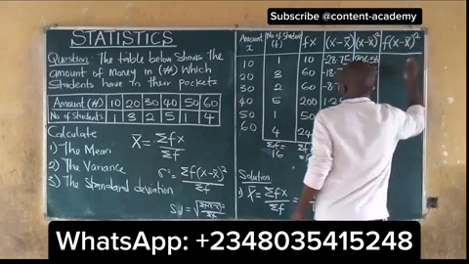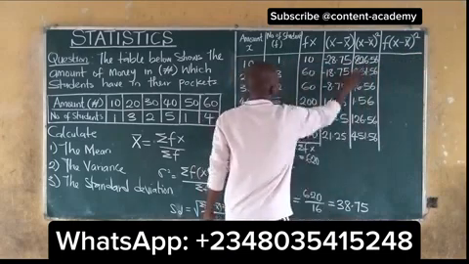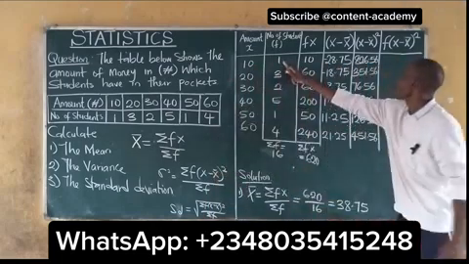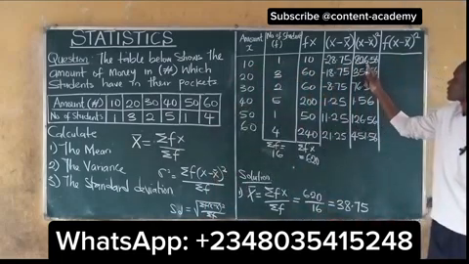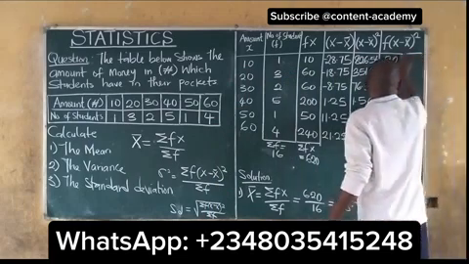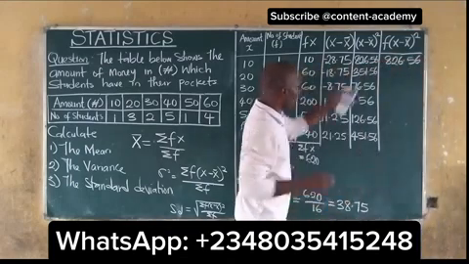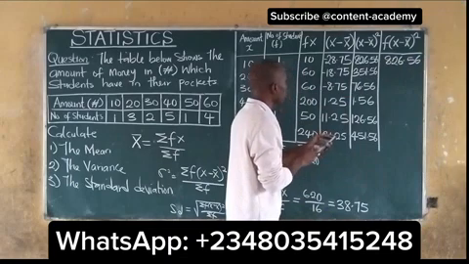That means this f multiplied by this. So 1 multiplied by this will give us 826.56.